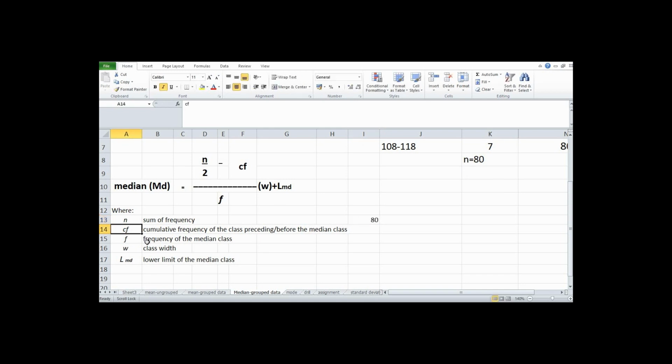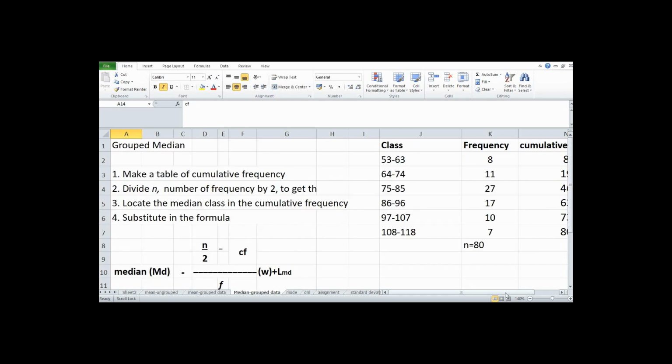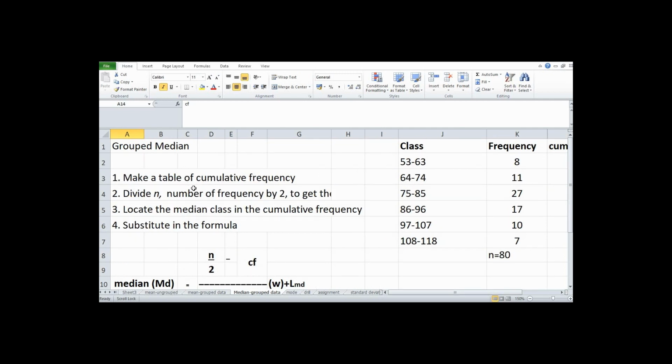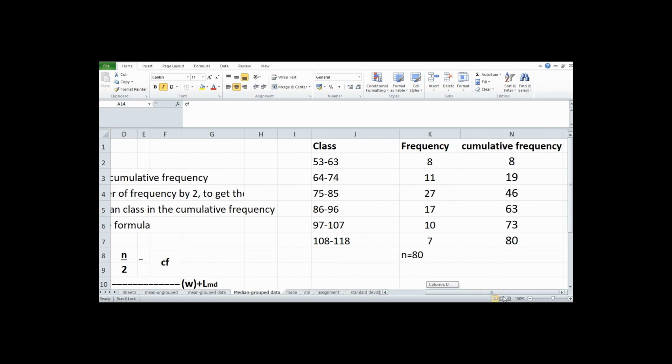Next, CF, the cumulative frequency of the class preceding the median class. Now, how to determine the median class? First, we will make a table of cumulative frequency, which in this data I have already made.